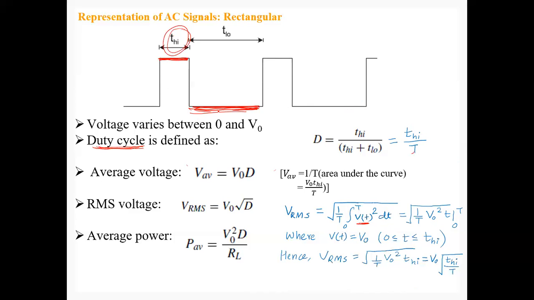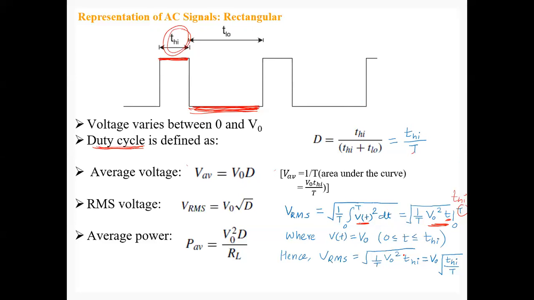After that, you don't have to integrate, it will be 0, because the T low time is already gone. So you get 1 over T times V0 squared times T high.